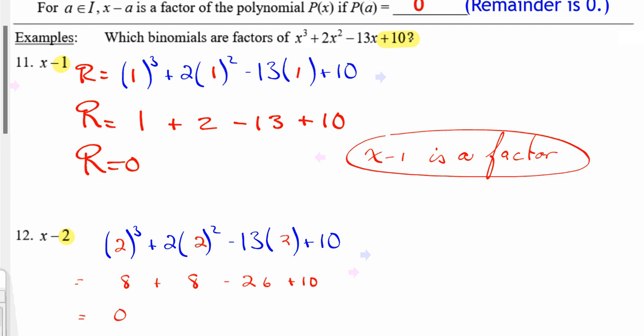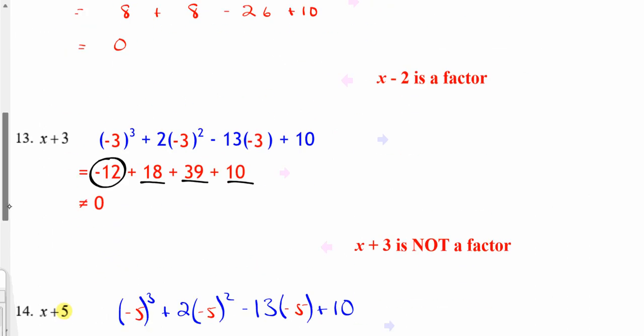That has to be true. So if I know that's true, that means if my constant term is a 10 and I'm considering x plus 3, is 3 a factor of 10? Nope. So this will never end up being a factor of that polynomial, because this constant is not a factor of that constant.